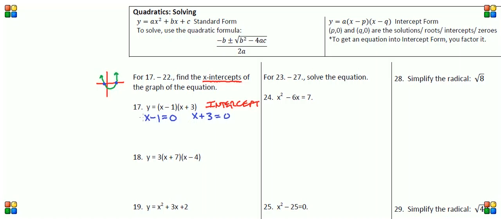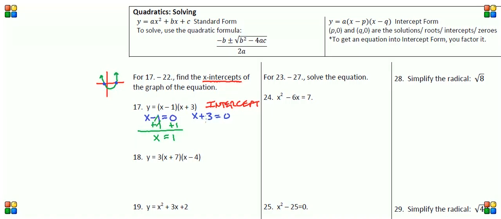And all we do here is apply a little bit of algebra. Add 1 to both sides. Let's go ahead and do that. We're going to add 1 to the left side, which means we have to add 1 to the right side. The 1's cancel over here, positive and negative, and we end up with x equals 1. And on this side, same thing applies.